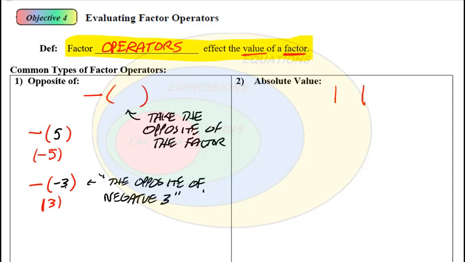So absolute value is another one. The absolute value, which is signified by 2 parallel lines. First of all, absolute value, what it means and what it represents is the distance from 0 on the number line.